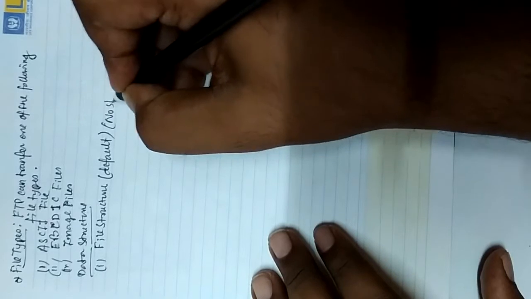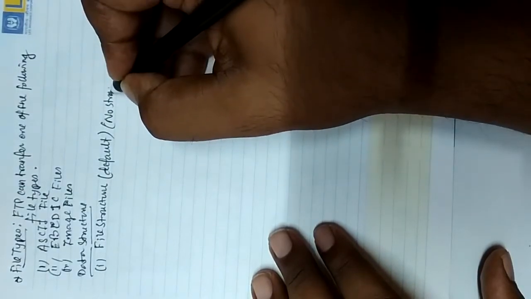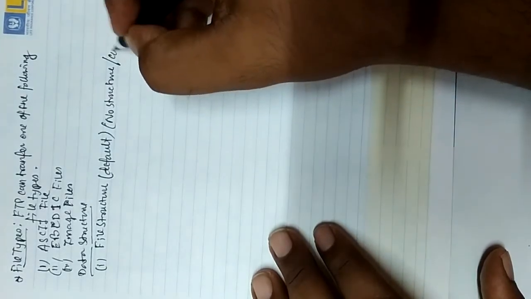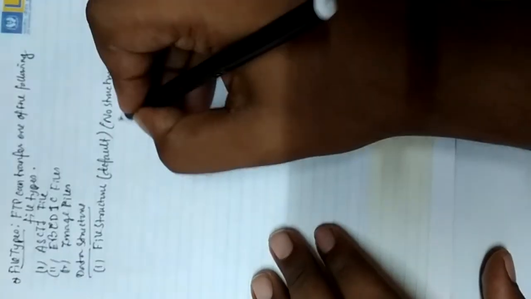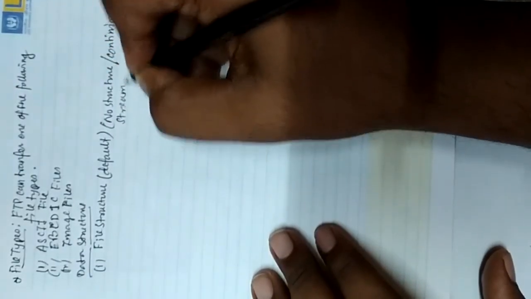Okay, so this means there is no structure, just a continuous stream of bytes. So for file structure, basically there is no structure, it is a continuous stream of bytes.